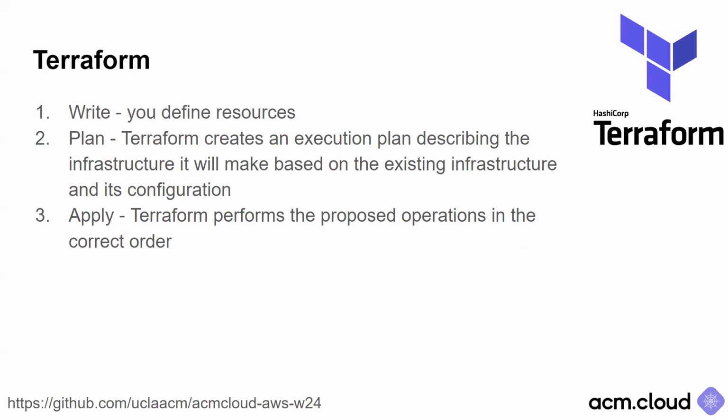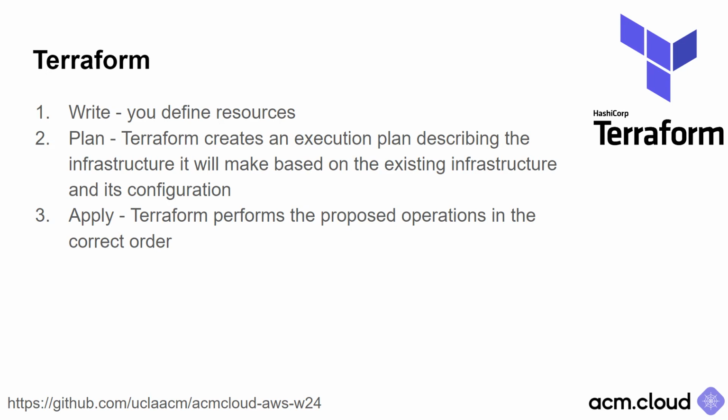And so the state file and the config file will be matching. The main steps in Terraform are, first, the writing stage, where you define the actual resources you want, the infrastructure you want to see. The next one is the planning stage, where Terraform creates an execution plan, which describes the infrastructure it will make based on the existing infrastructure and its configuration.